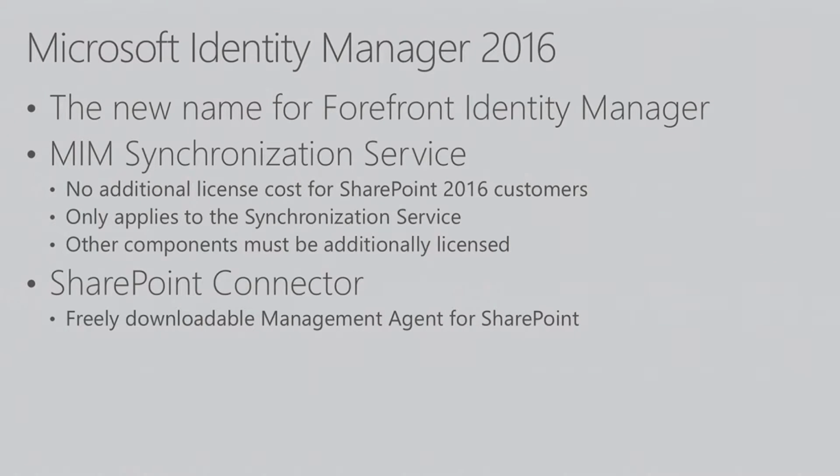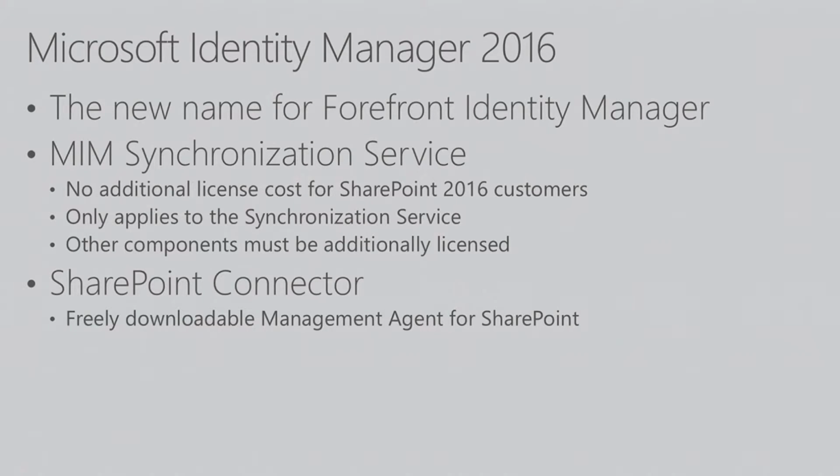Then we have a thing called the SharePoint connector. That's basically a downloadable management agent. You install it on top of the sync engine, and this is the thing that's responsible for speaking to the user profile web services in order to perform import and export operations.